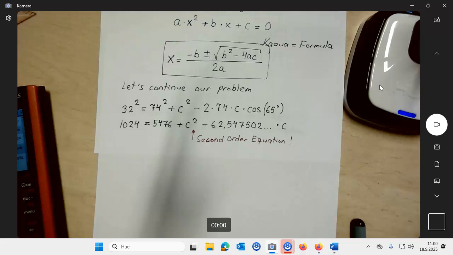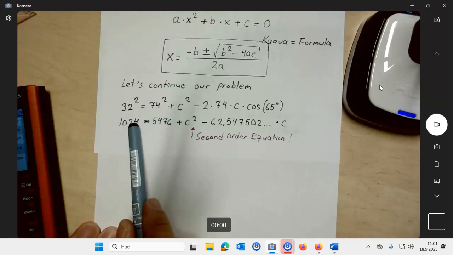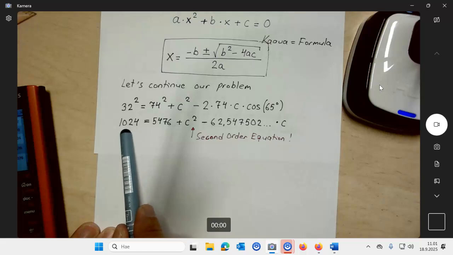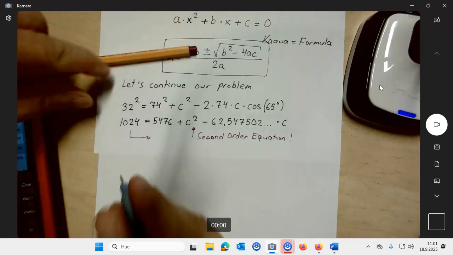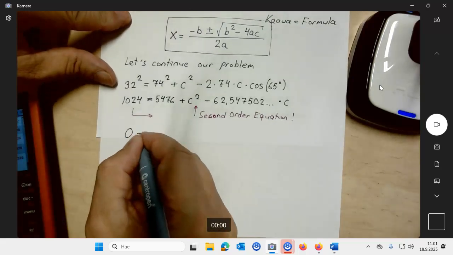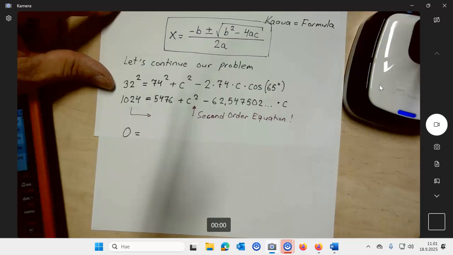At this point it is easier to move everything to the right hand side, because we only have to move this 1000 here. Let's do that. So there will be only 0 in the left hand side.